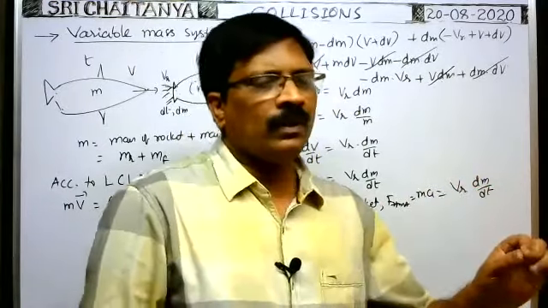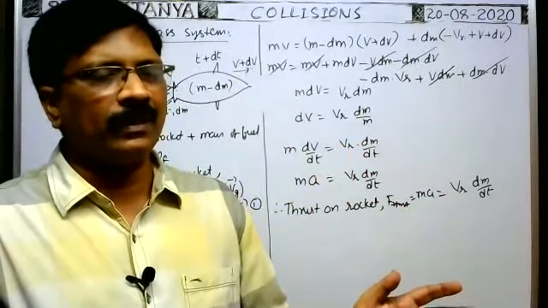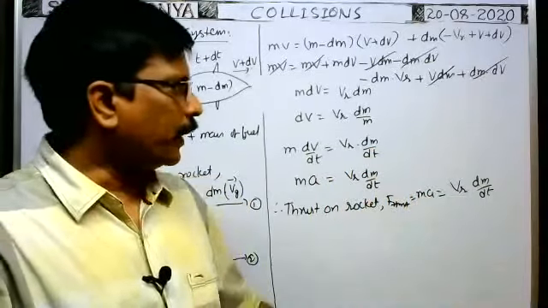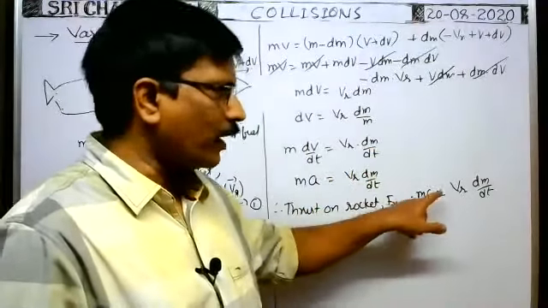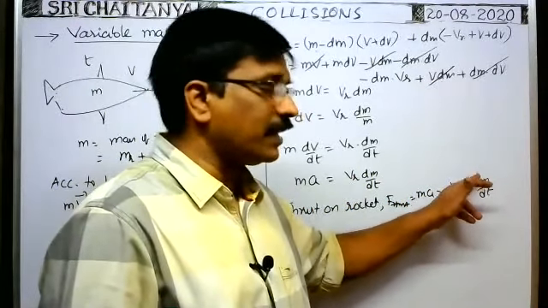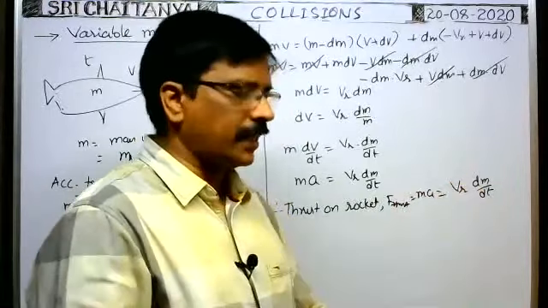We are given whenever the hot gases come out or eject out at the rate of dm by dt, that is the rate of decrease in mass of the rocket, because it is the force that acts on the rocket or thrust on the rocket. In case of thrust on the rocket, dm by dt means that is the rate of decrease in mass of the rocket. That's why we have to mention it with the minus sign.